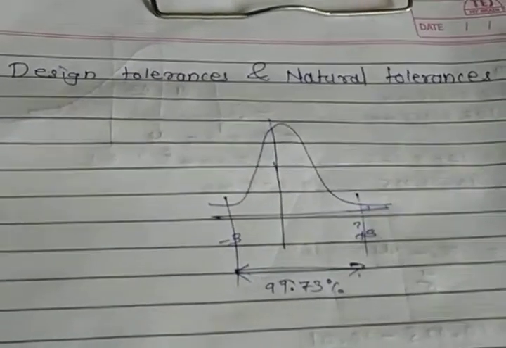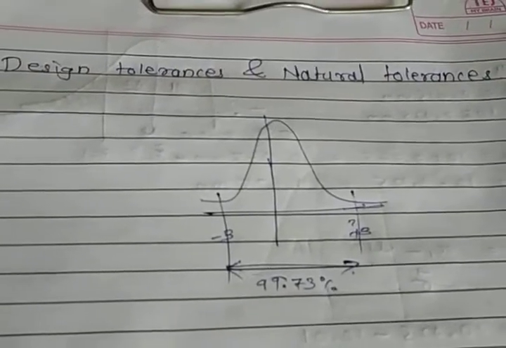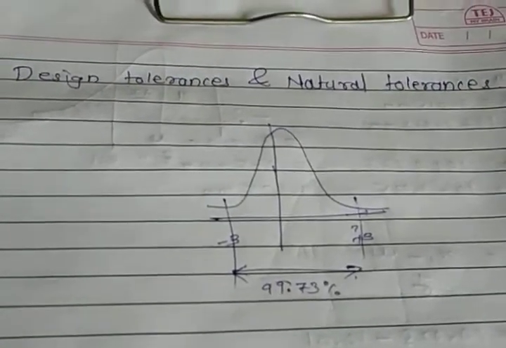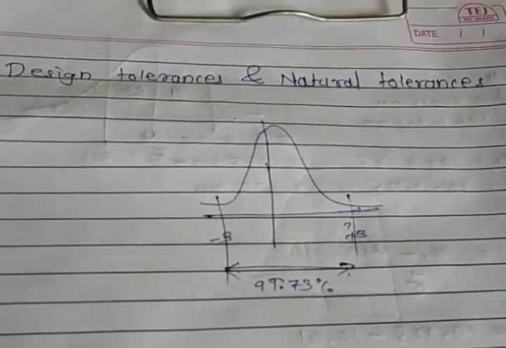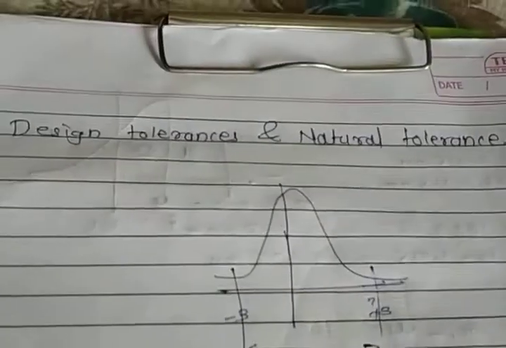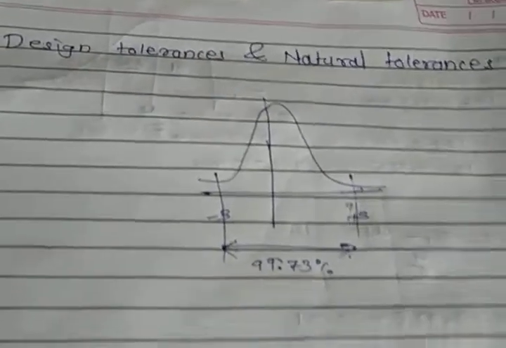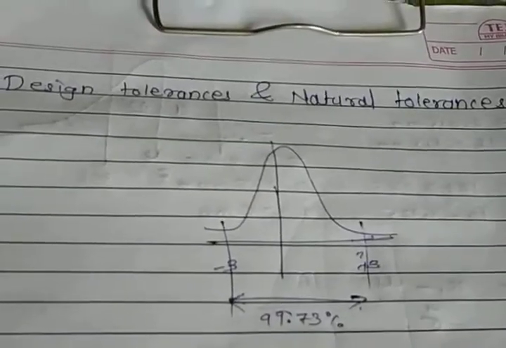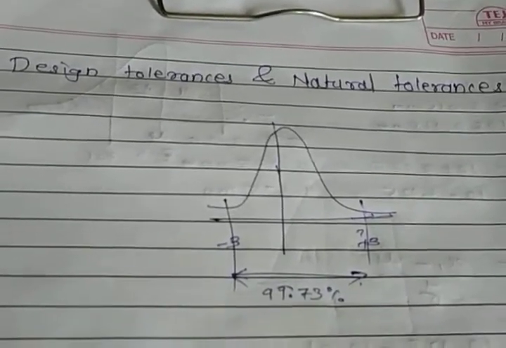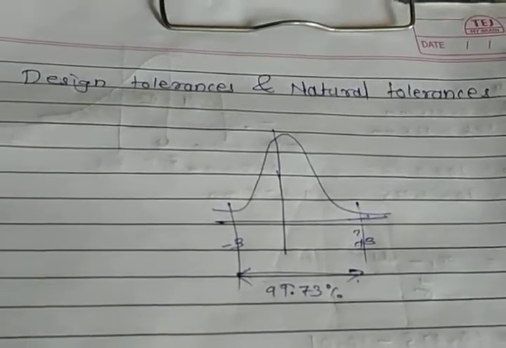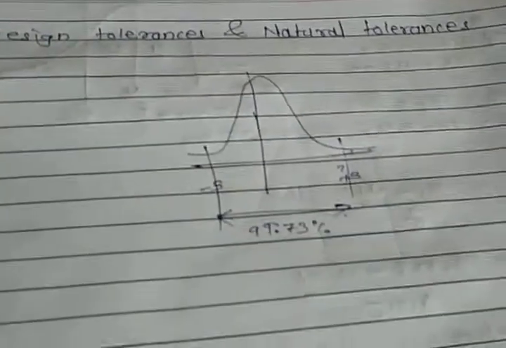That is what the designer wants, a shaft of 10.02 mm. But the machine should have the capacity to produce 10.02 mm, or the machine may produce 10.025, or somehow it may produce 10.01 mm. So that is the concept of design tolerance and natural tolerance.